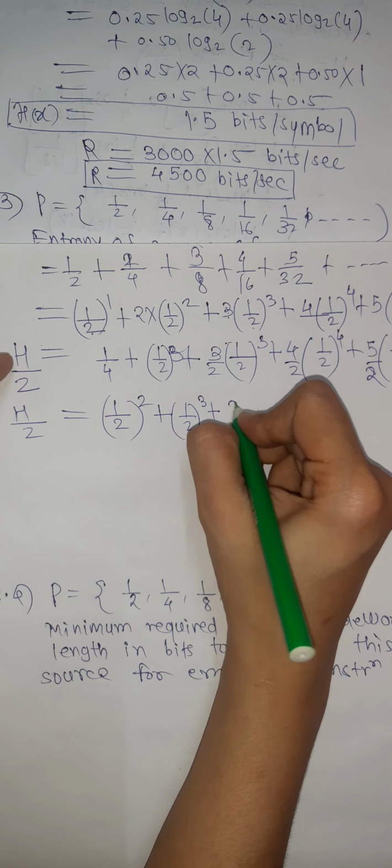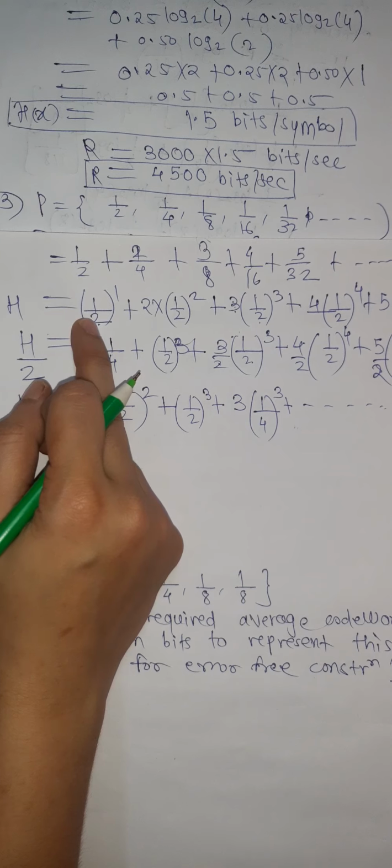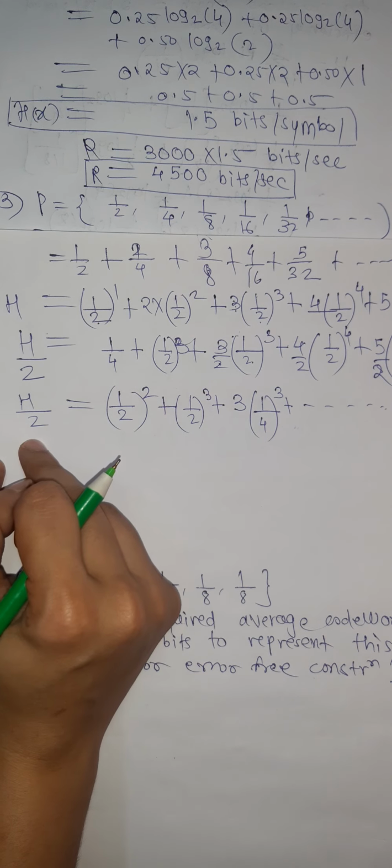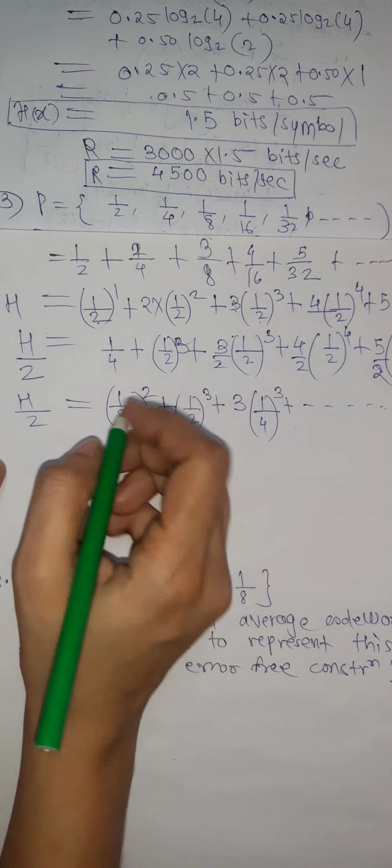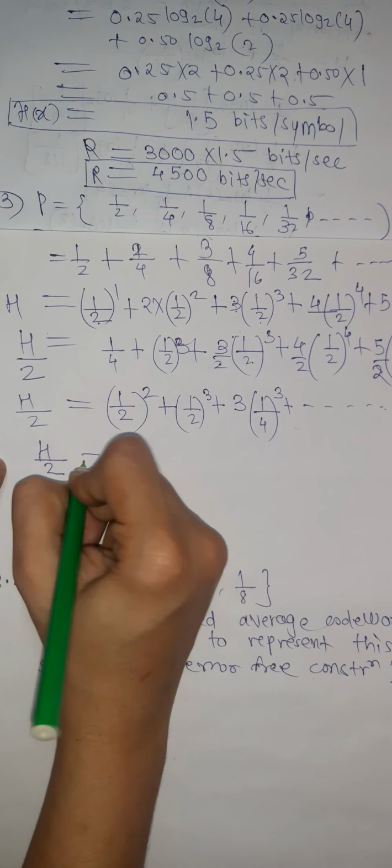Now I will make one adjustment. I will subtract this equation from this. If I subtract, this h is equal to what? By h by 2, I will get easily h by 2.